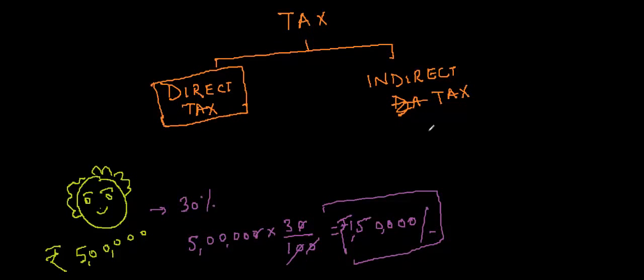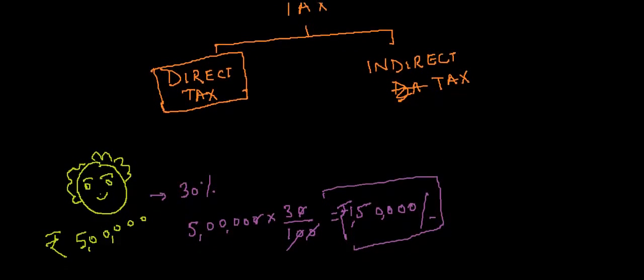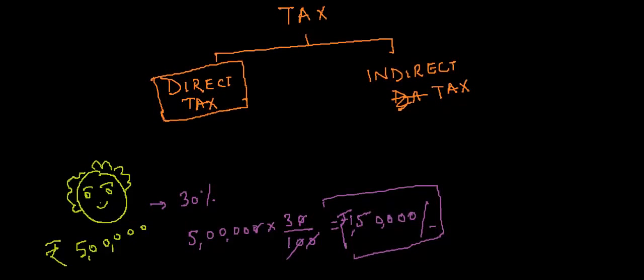Now the other way is the indirect tax. Here the government does not ask Rajan to pay this tax to them directly. Instead, they'll come up with a different regime and they'll say, okay, whenever you want to purchase anything, you may purchase it from the merchant. Let us say Rajan goes to the shop and he purchases certain medicines for his wife.